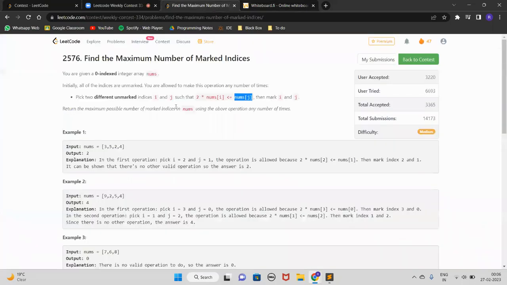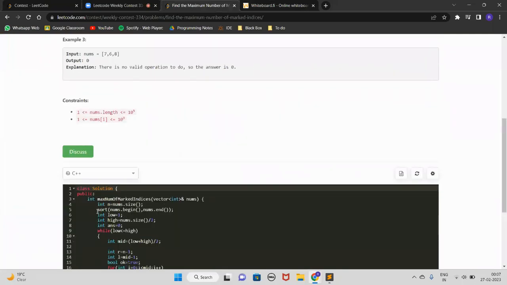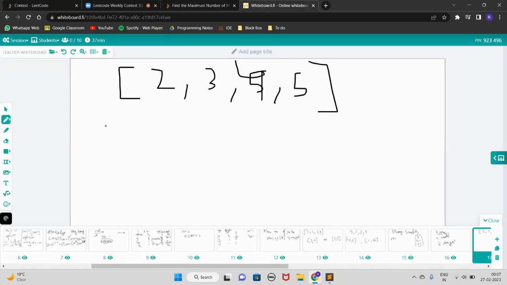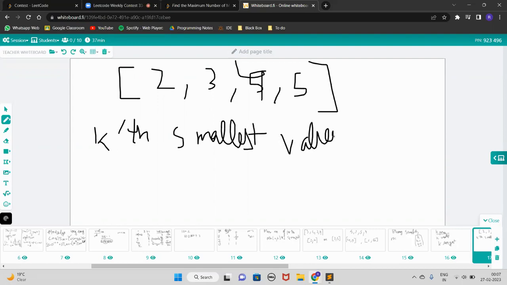After that, we will be sorting the vector. The vector will be sorted beforehand only, before binary search. Once we have sorted it, it will be in ascending order: 2 3 4 5. Now when we are making k pairs, the kth smallest value will be paired with the n minus kth largest value.